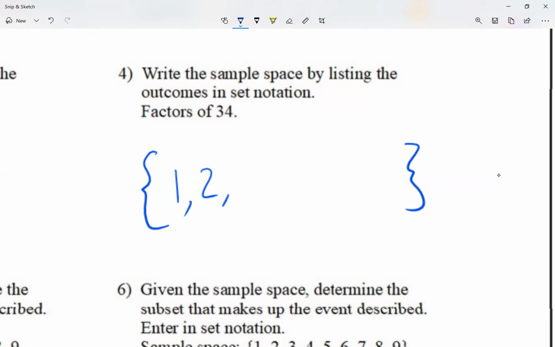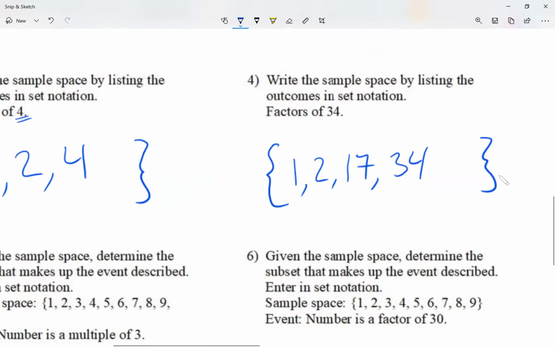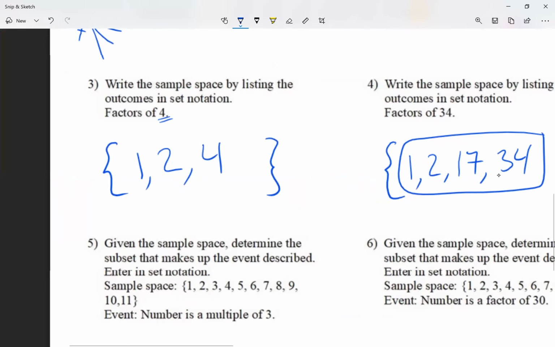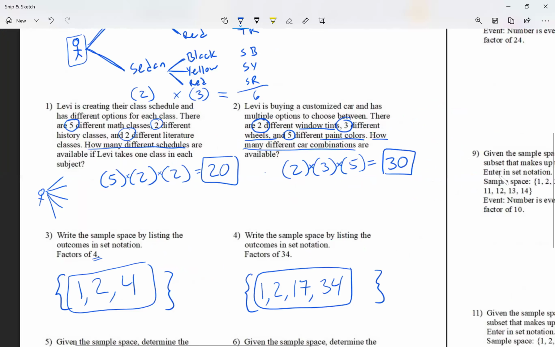And the next number that actually works is 17. 34 divided by 17 gives you a whole number. And then I can also go 34 divided by 34. Again, on your homework, I'm only going to ask you to type in these numbers. Okay? Again, you are working questions 1 through 4, and that's how we do these.